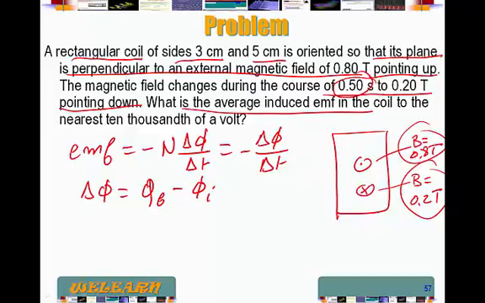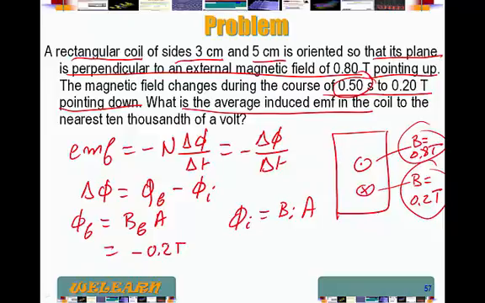In this case phi final is going to be B final times the area, and phi initial is going to be B initial times A. If we take the upward direction as positive, phi final is going to be minus 0.2 teslas times the area, which is 3 times 10 to the minus 2 meters times 5 times 10 to the minus 2 meters.